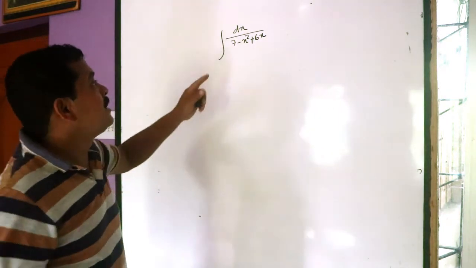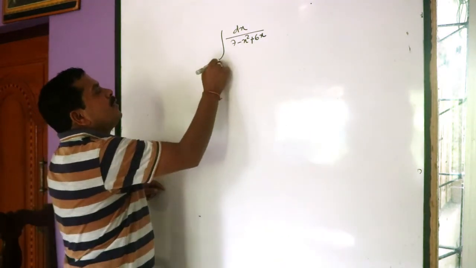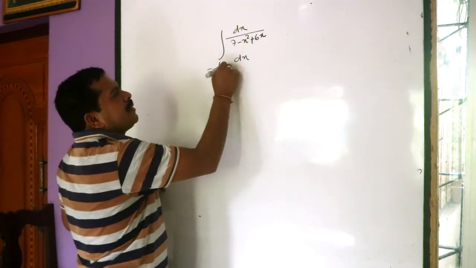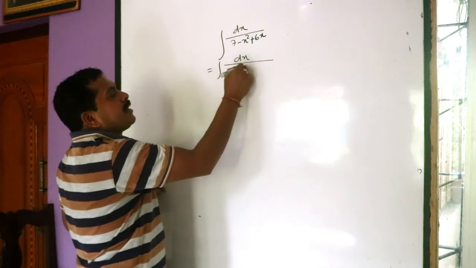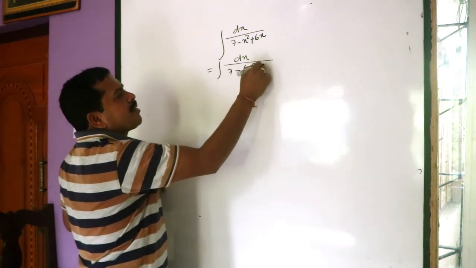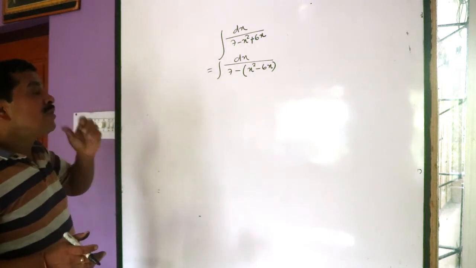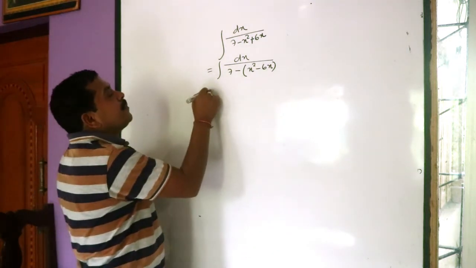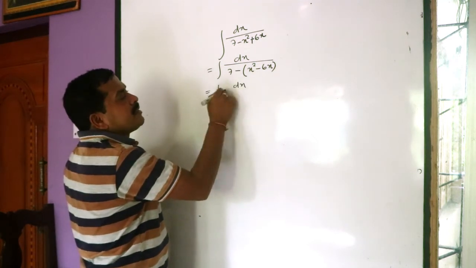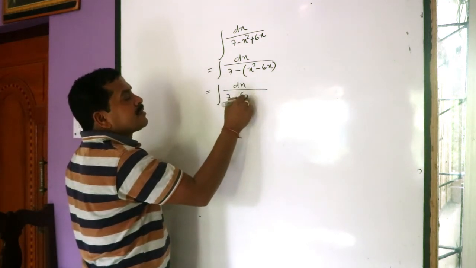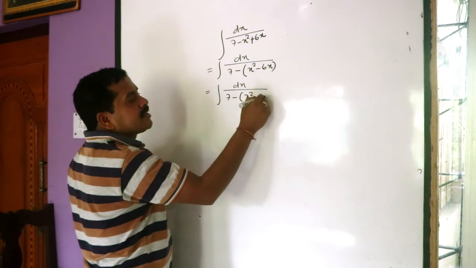How can we integrate this type of integration? It is equal to dx by 7, taking minus common, x square minus 6x. You have to arrange this integration to the formula. Dx by 7 minus (x square minus 6x).